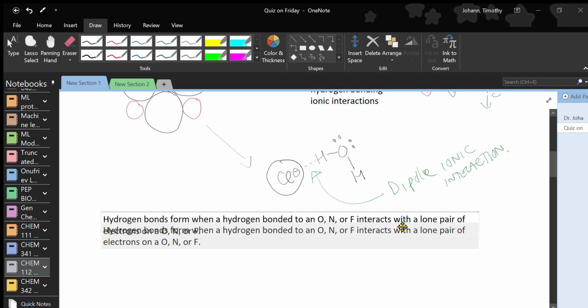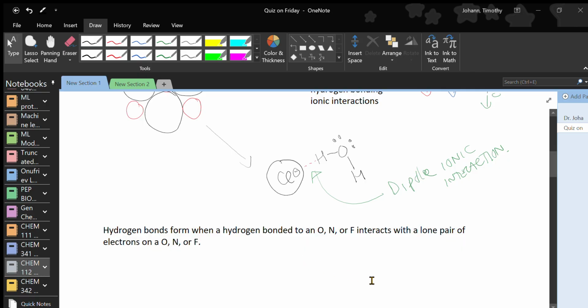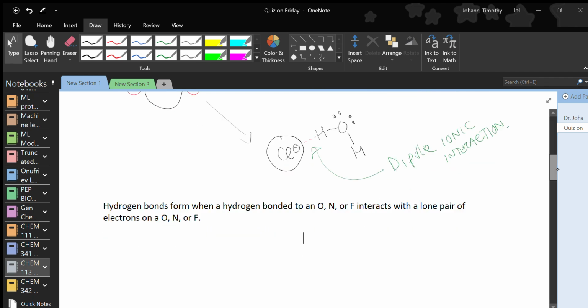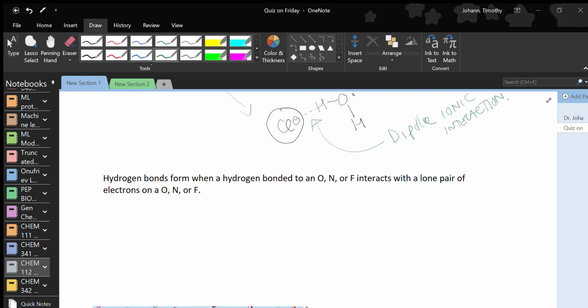Yes? So I have a question about if it's a nitrogen, oxygen, or fluorine, does that molecule have to have hydrogen around it? Can it be like a nitrogen bonded to a carbon, and would a hydrogen bond still form if the nitrogen had a lone pair? Let me make sure I'm understanding this. So you've got a nitrogen bonded to a carbon, let's say.